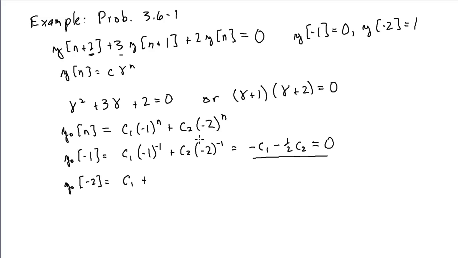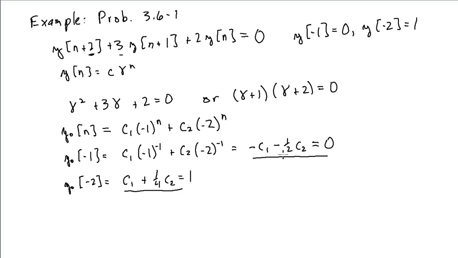Again, that would be the reciprocal of -2, which is -1/2, but then squared, so I get plus 1/4 times C2, and that's equal to 1. And so this is my second equation. So I've got two equations and two unknowns here.